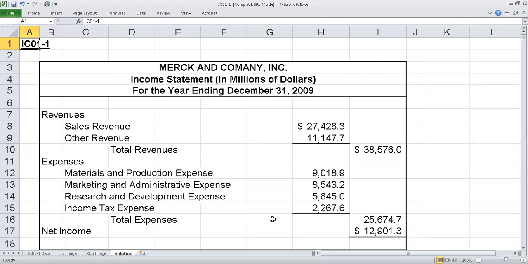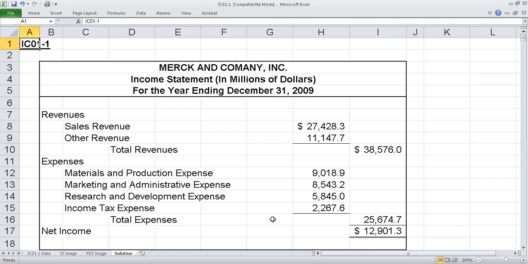Right? There was 1 decimal in this case just because that's how Merck decided to present the information. Doesn't necessarily just have to be 1 decimal. Could be 2. Usually companies don't do 2 decimal places because they don't want to confuse the reader into thinking pennies.